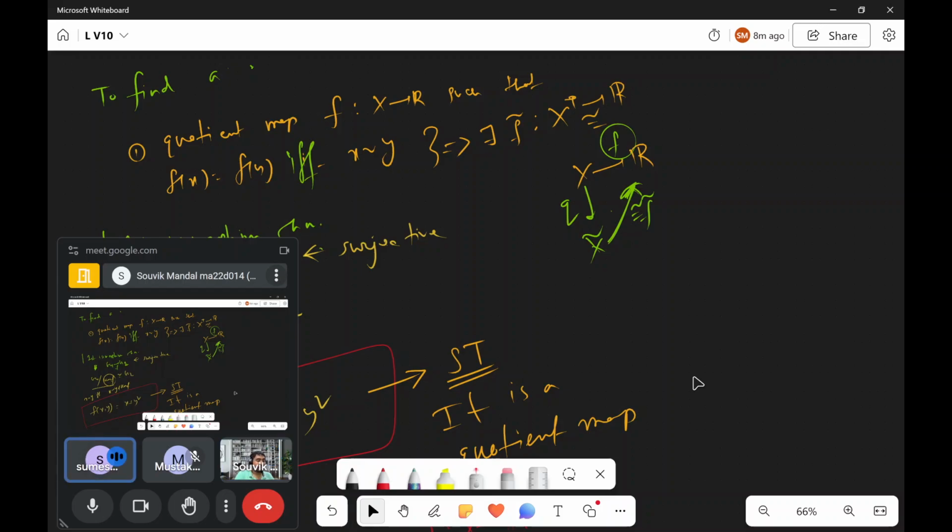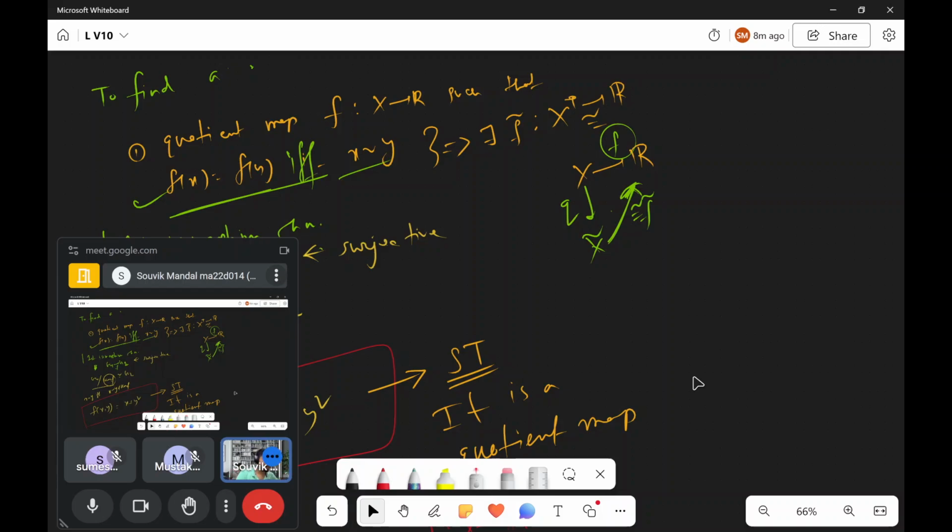So what remains to do? There are a few things we need to check. First, f(x) equals f(y) if and only if x is equivalent to y, which is obviously getting satisfied automatically. Let me write it down one by one.